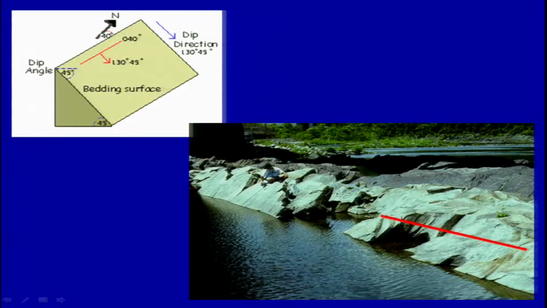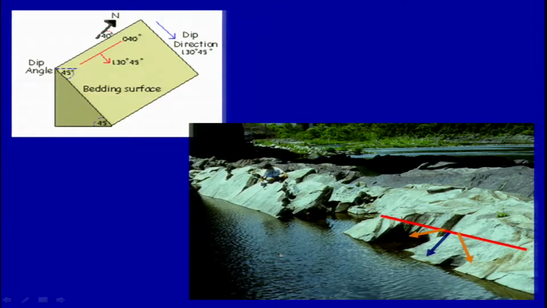When you measure the dip amount, you put your compass in a particular direction. If you take it exactly perpendicular, it will be the true dip, but in any other direction it may be the apparent dip. You can know that based on your strike.